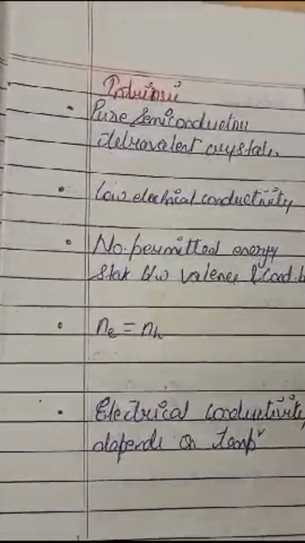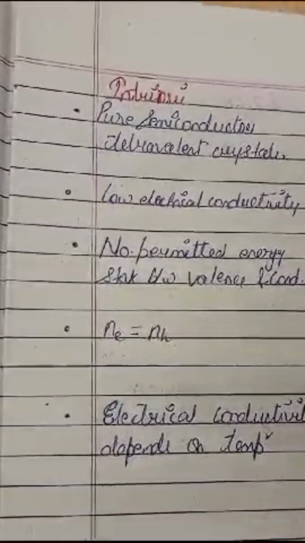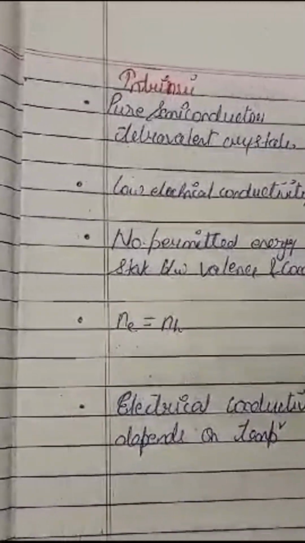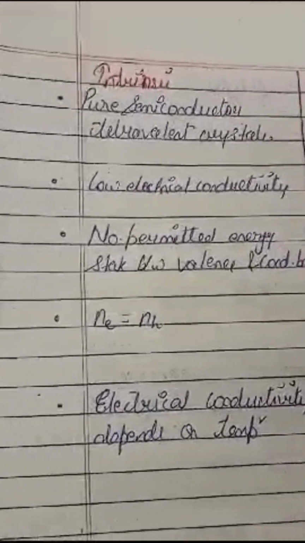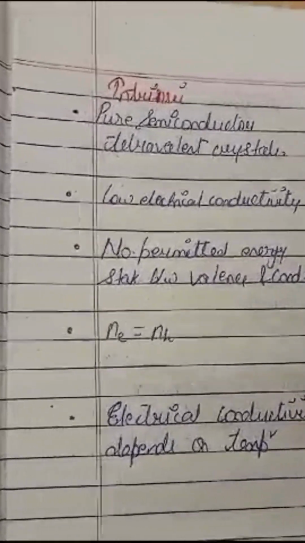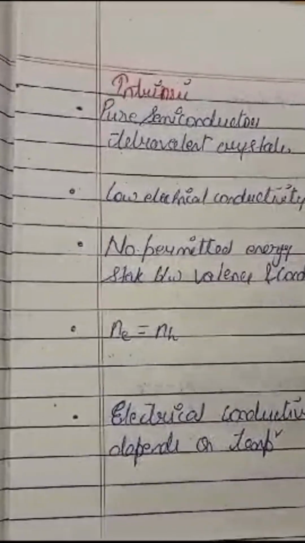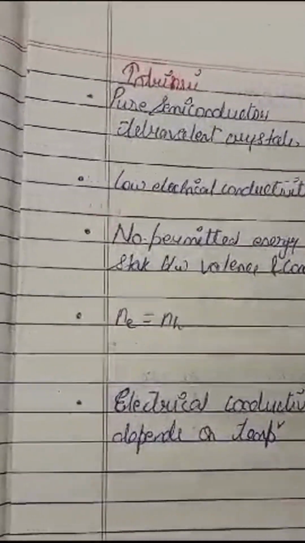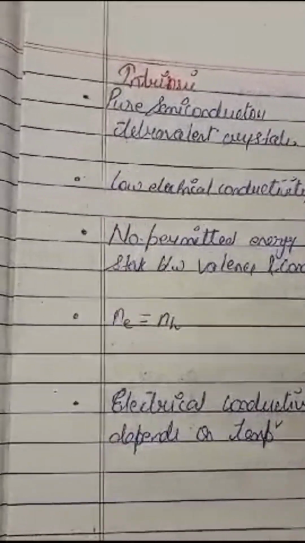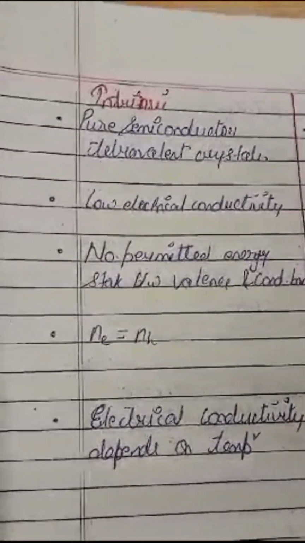It is composed of a single material and has an equal number of electrons in the conduction band and holes in the valence band. Electrical conductivity is low at room temperature but increases with temperature because more electrons can jump into the conduction band. Applications are basic semiconductor properties research and some early electronic devices.